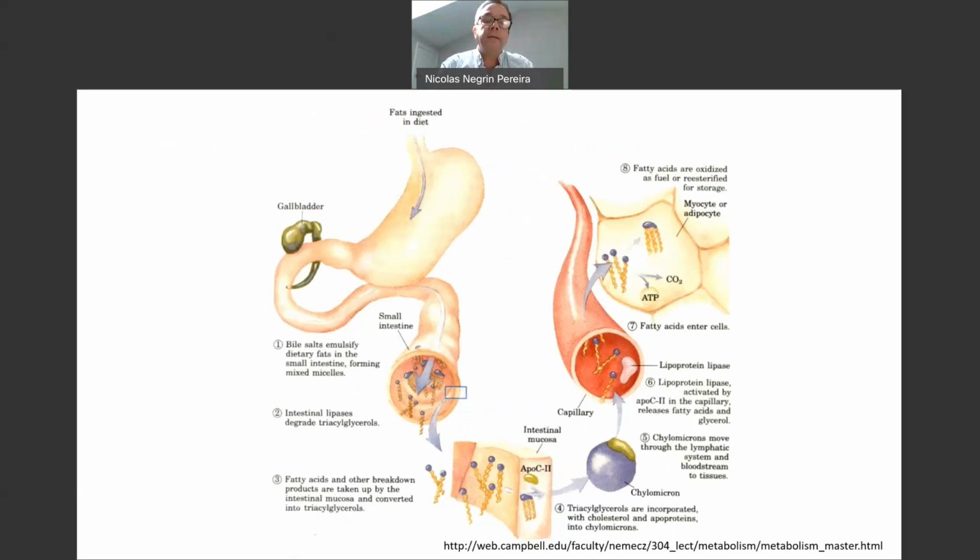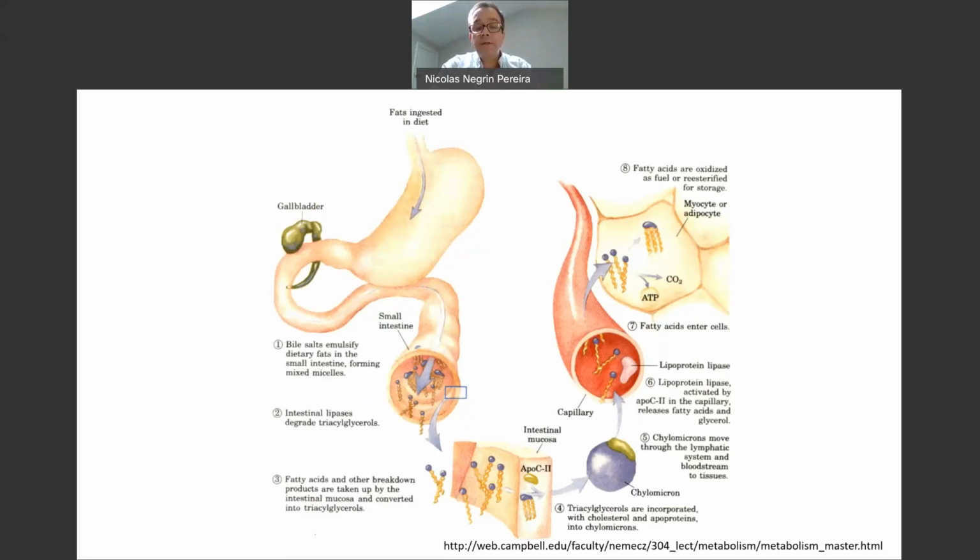So let's have a look at this process, simplifying this diagram. We start with the bile salts responsible for actually producing this emulsification process of dietary fats, forming these mixed micelles, remember, formed by phospholipid, lysophosphatidic acid, and cholesterol. And these intestinal lipases are going to degrade these triacylglycerols, producing free fatty acids and monoglycerides.